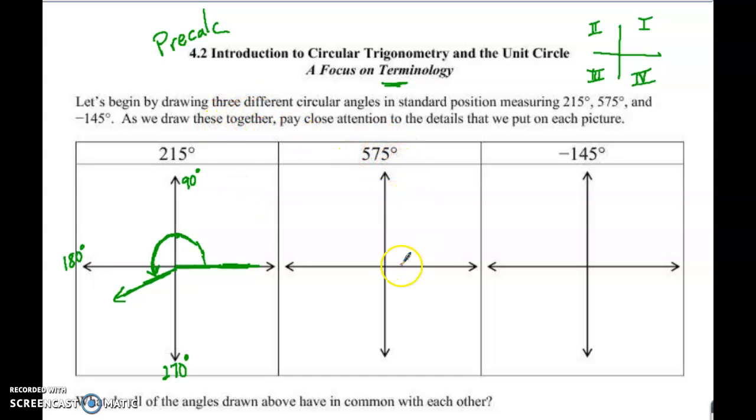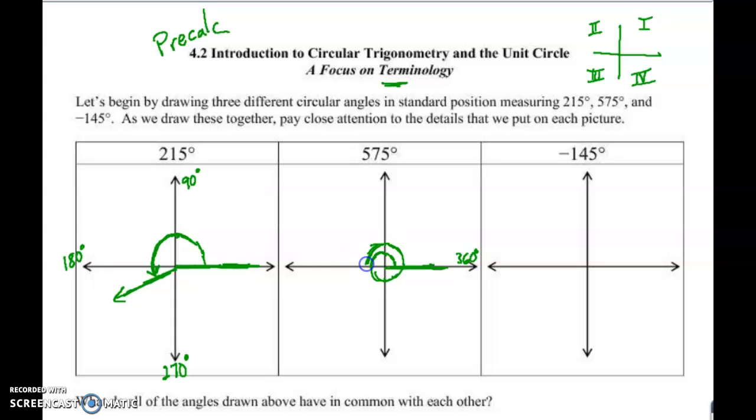So then 575 degrees, again, we start out on the x-axis, the positive x-axis, go counterclockwise. Well, all the way around is 360 degrees. Well, we still haven't reached 575, so you just keep going. Continue on. So right here's another 90, that's 450.